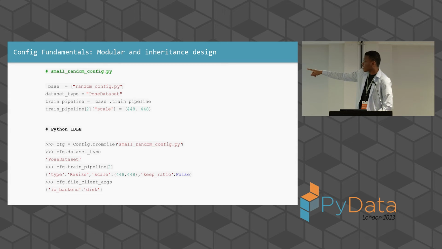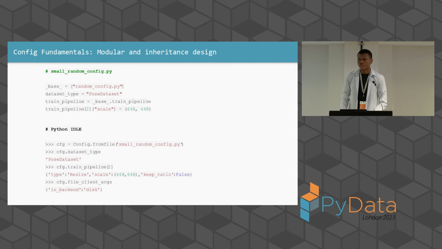Then for the train pipeline, I'm basically just changing the scale there, which was 224, and it's been changed to 448.